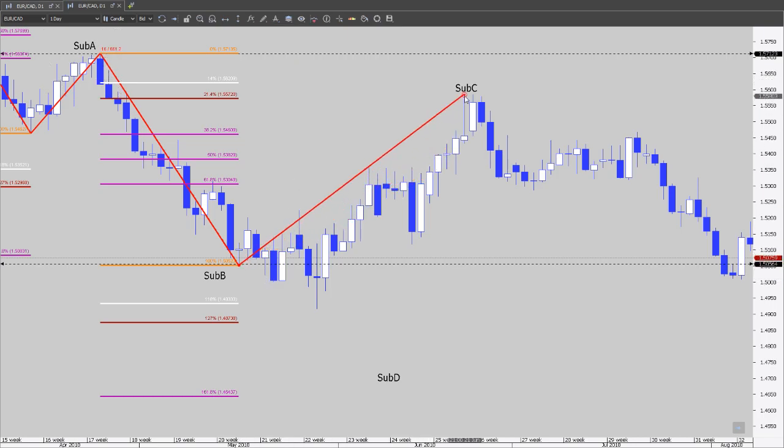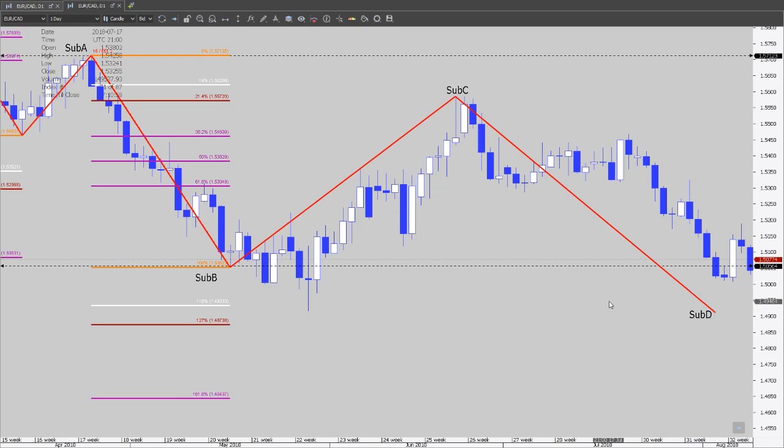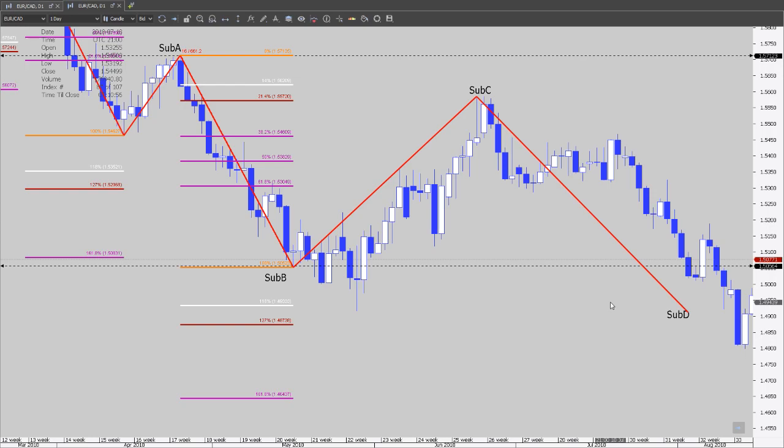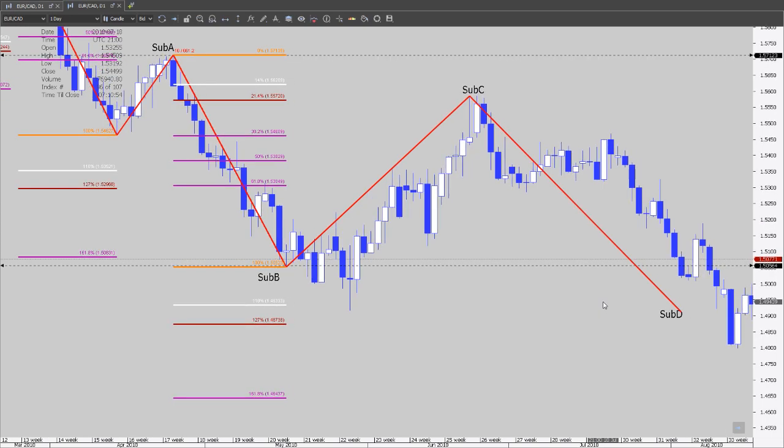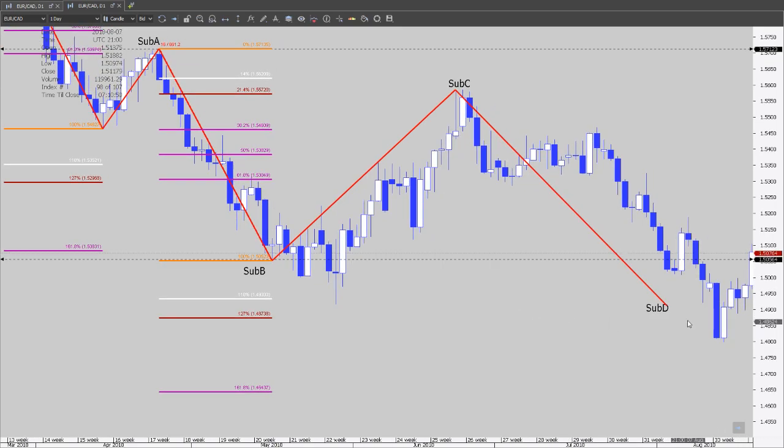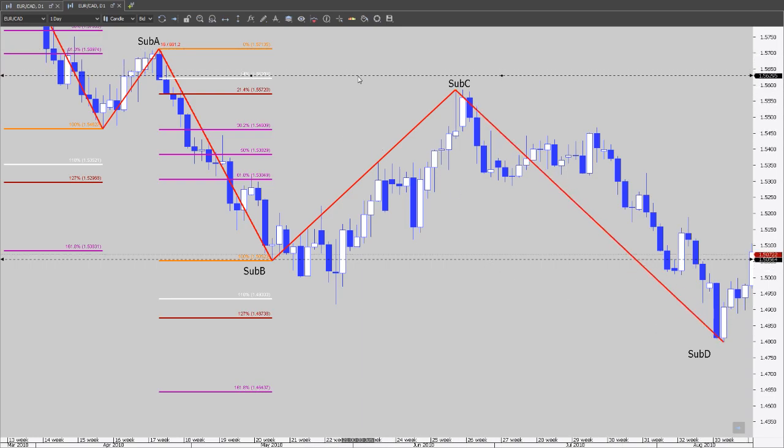Sub C is the dark red, so the projected sub D is at the dark red level. Let's see what is going to happen. Let's compress the chart, and finally the market hit our sub D extension and made a new low. So this would be the third retracement trade that worked out, right?